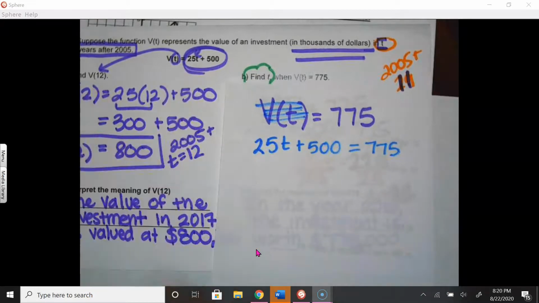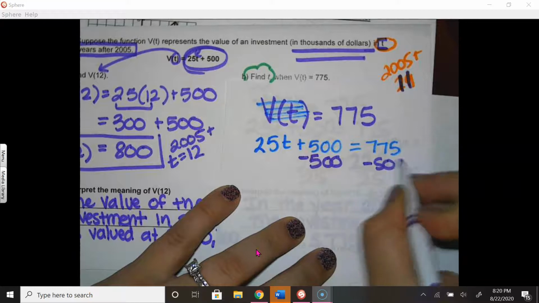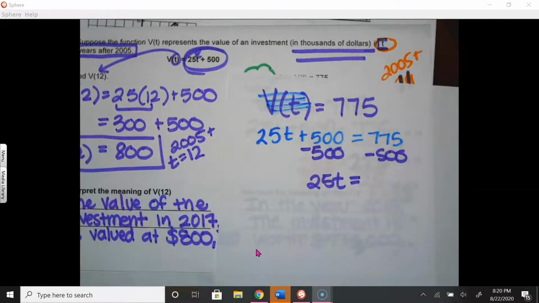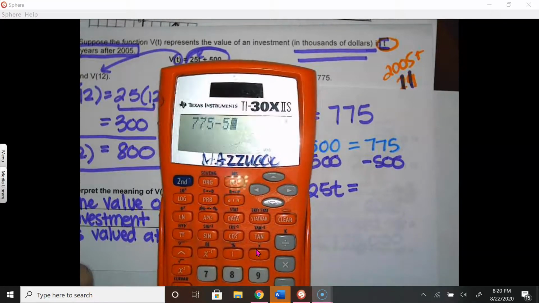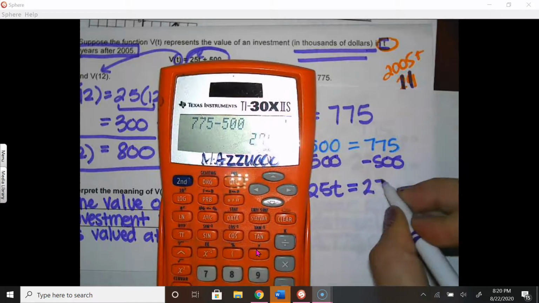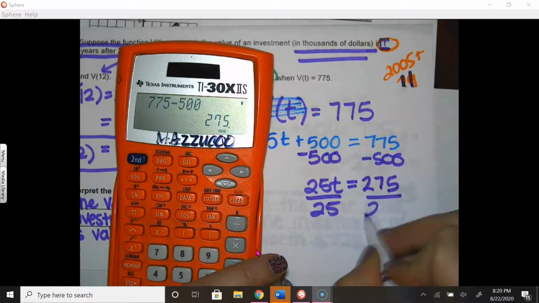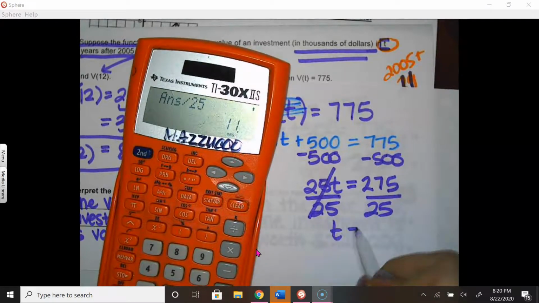Then we subtract 500 on both sides. So we get 25t equals 775 minus 500. Then divide both sides by 25, and we get t equals 11.